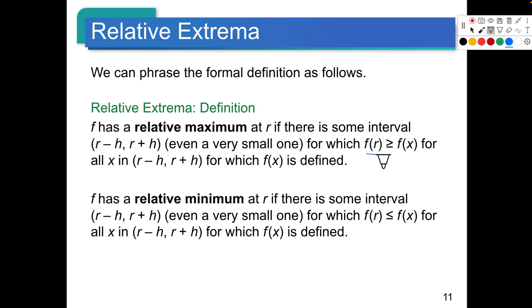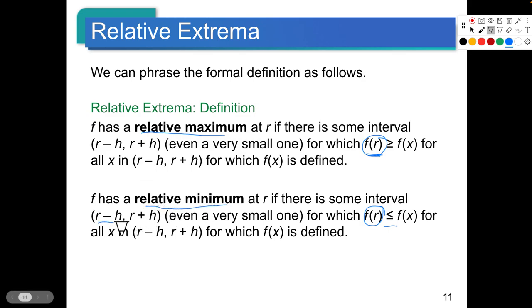The value at R, or whatever value we determined at the top, if it's greater than every other point that it's close to, that's a maximum, right? That's all this thing is saying. At least it's a relative maximum. Over here, if that point ends up that it's smaller than all the stuff, well, that's a relative minimum.